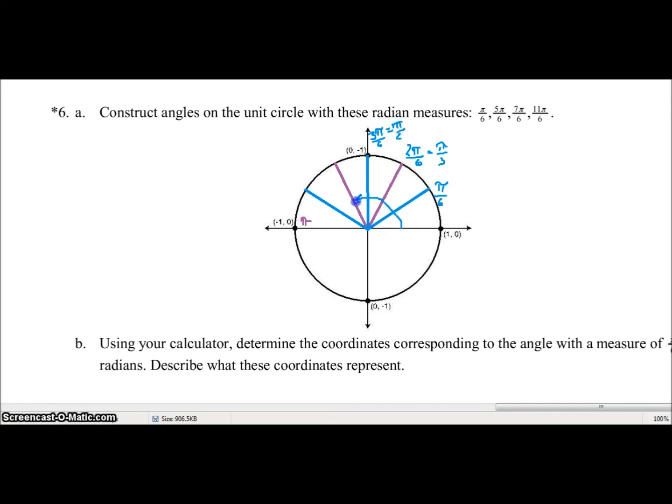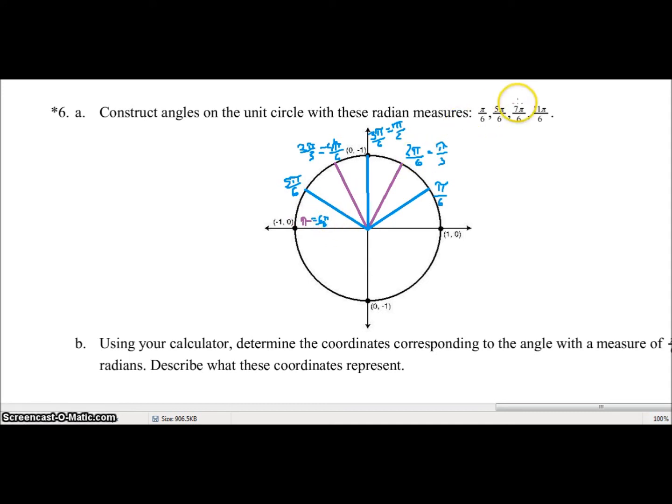Then from here to here, there are 4 pi over 6 radians there. And that can simplify as 2 pi over 3. Then from here to here will be 5 pi over 6. This will be 6 pi over 6.